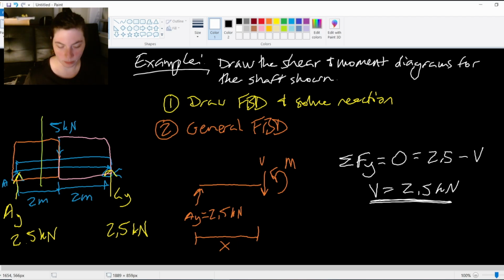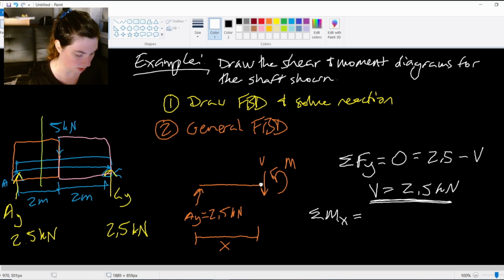But if I do my moment equation, my sum of my moments about my point x, right? I don't want to include the shear in this. I want to take it about that point x there. Whatever this distance is, I want to take it at this point right here. You can call it Mx, you can just call it moment, I'll just call it moment. My moment is going to be 0 equals sum of my moments.